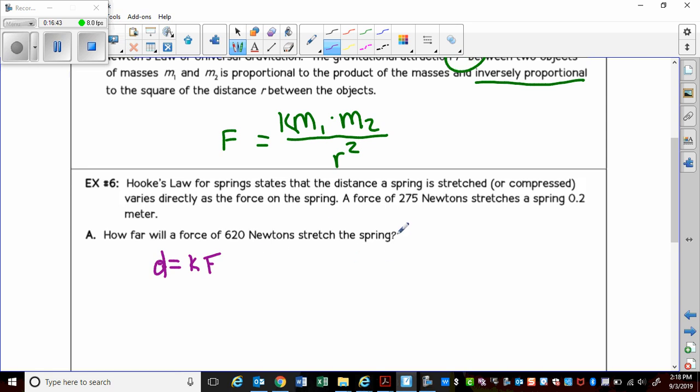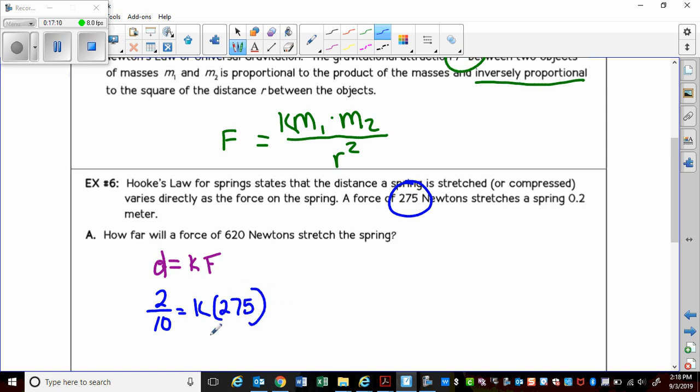Okay, now they're giving you part of this equation. It says a force of 275 newtons stretches a spring, this is the distance, 0.2 meters, which is the same as 2 over 10. You can put 0.2 or 2 over 10 meters equals, I don't know what K is, but they're telling you the force, 275.